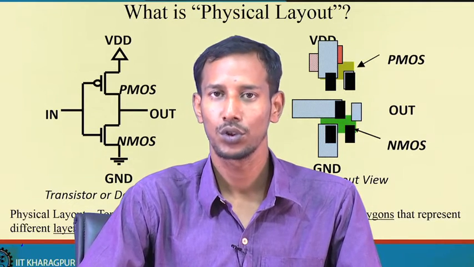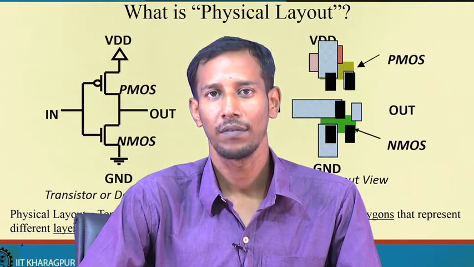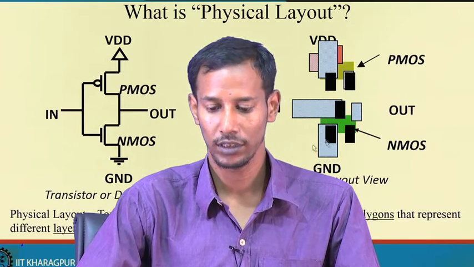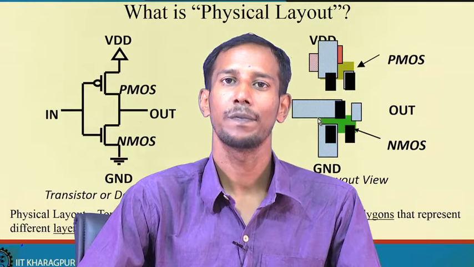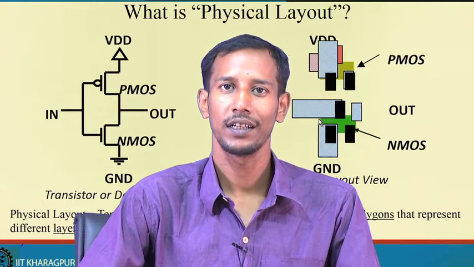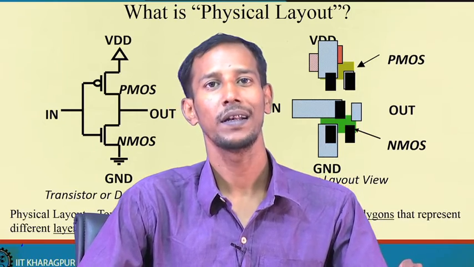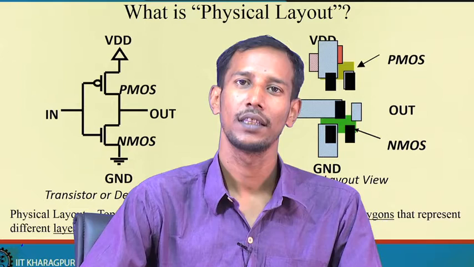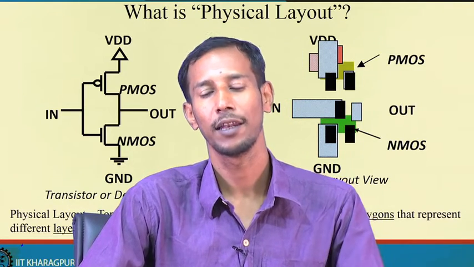So, you use the information for a particular vendor, and suppose I have built this whole inverter circuit, this geometrical description file will be sent to the corresponding vendor only. There are vendors like TSMC and UMC.